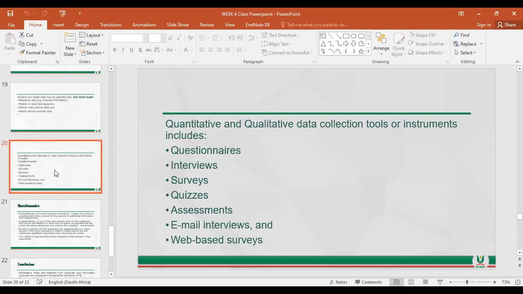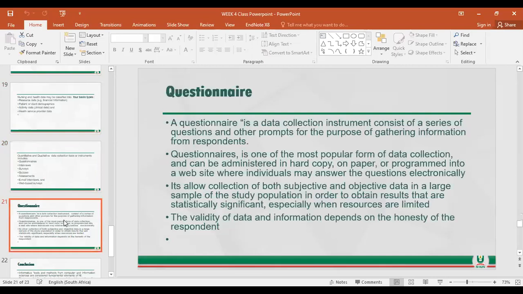These are the various instruments or tools that we can use. And so before I unpack these tools, let me quickly give a quiz.